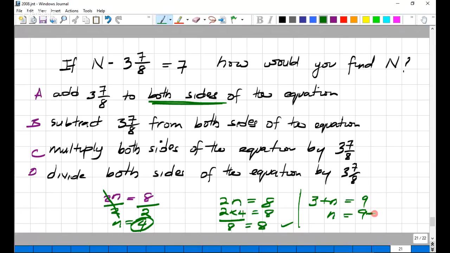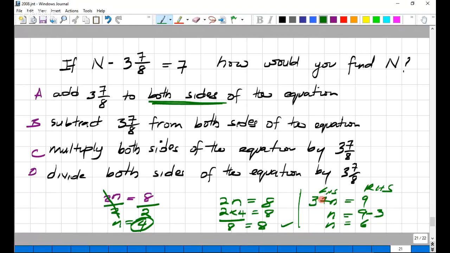Take this over, minus 3. n was equal to what? 6. So in this case, I am going to take 3 from the left hand side, and I'm taking 3 from the right hand side.